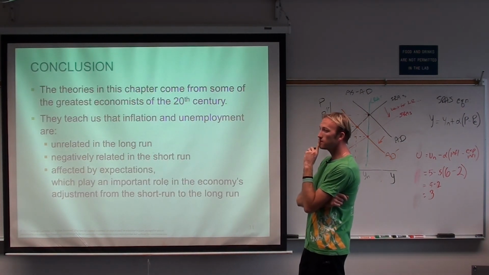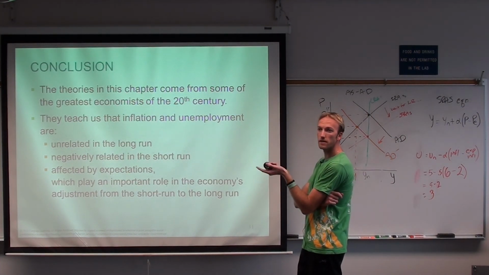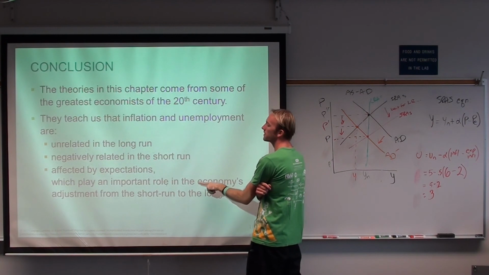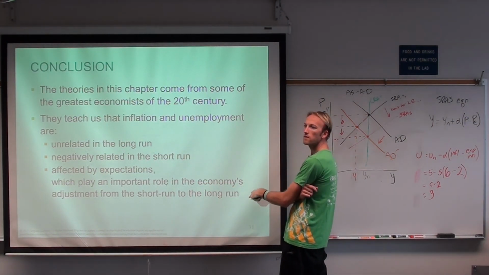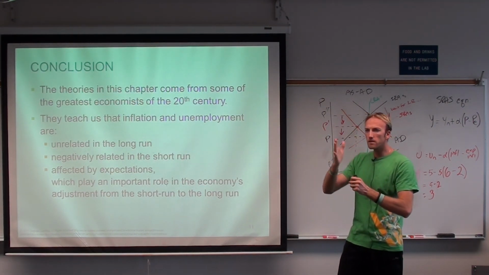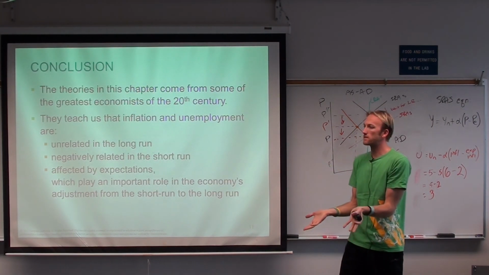And also, it all comes down to what we expect inflation to be, right? Expectations are what moves our economy from the short run to the long run. You want to say, how long does it take our economy to get from the short run to the long run? It's until everybody starts believing that the inflation rate is going to be what it is, right?